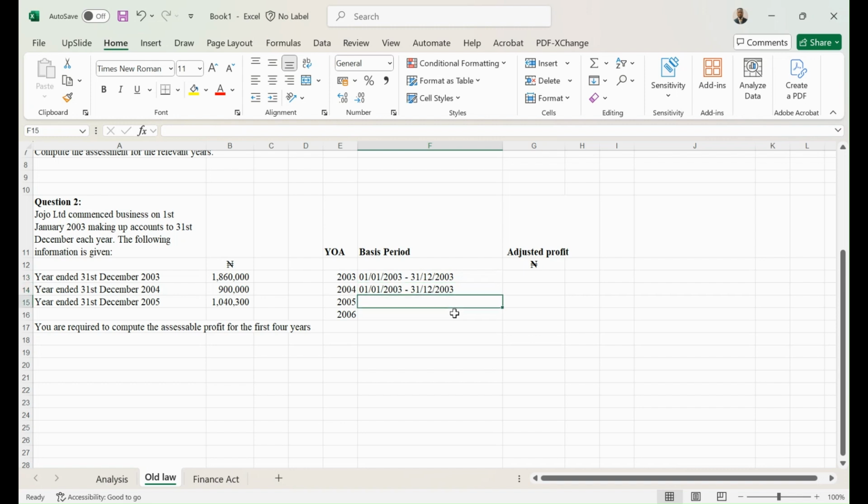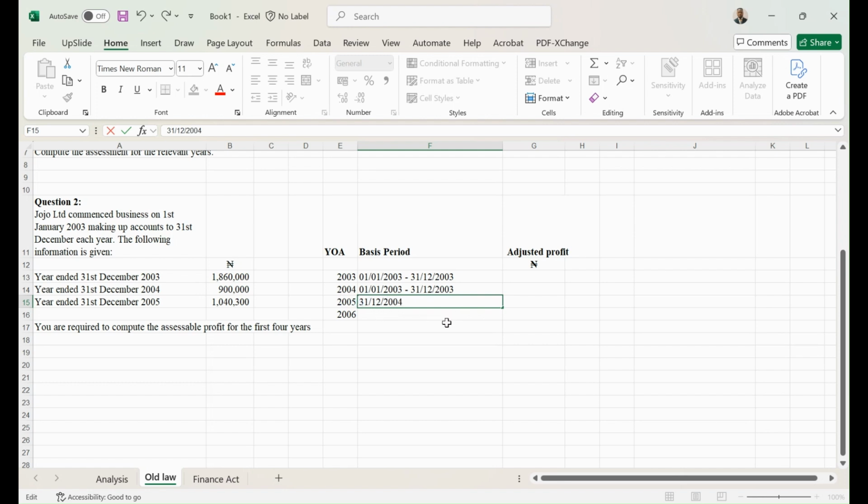Then the third year of assessment is going to be on a preceding year basis. Again, remember the trick: you start with the financial year end of 31st of December. Since our year of assessment is 2005, a year before that is going to be 2004.